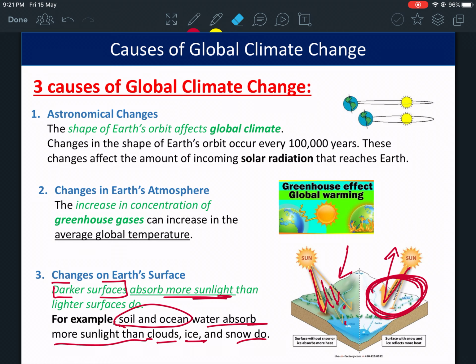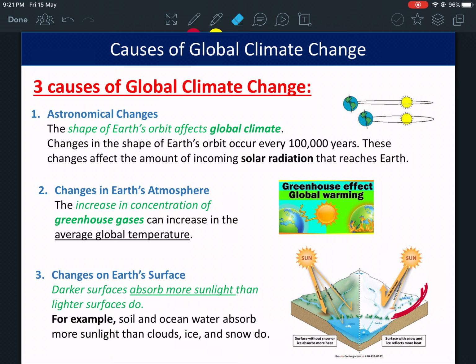Okay? So this might affect the global temperature. If you have more ice and more clouds, you would have lower temperature. If the colors are darker, you would have higher temperatures. So that affects the change.